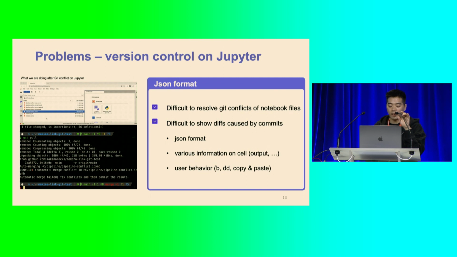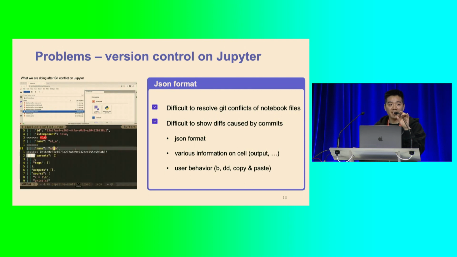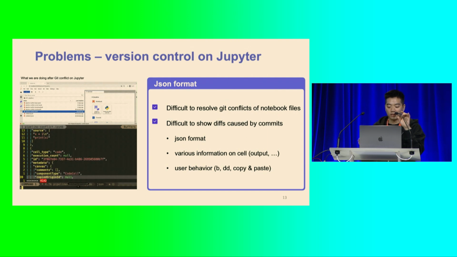And we all know, right, when using Jupyter, we freely create and delete with shortcuts like B or DD or A, and copy and paste code here and there. So I think these factors make it challenging to handle notebook differences caused by commits.